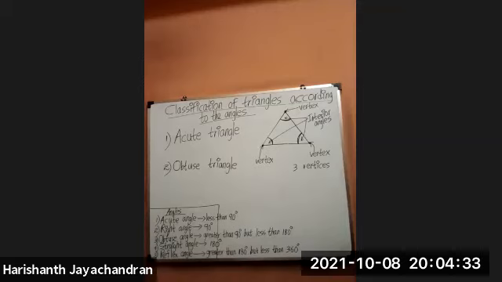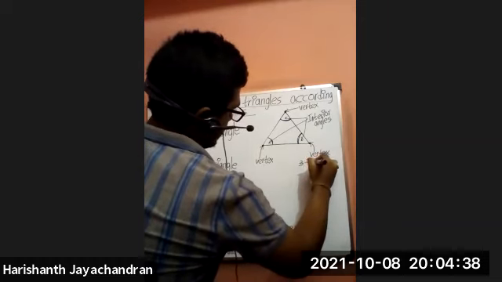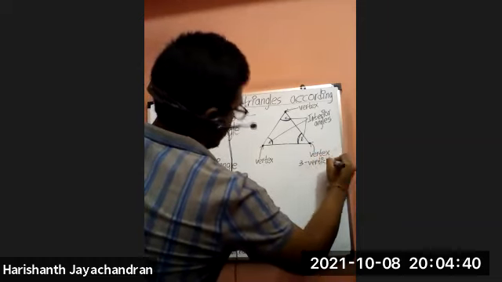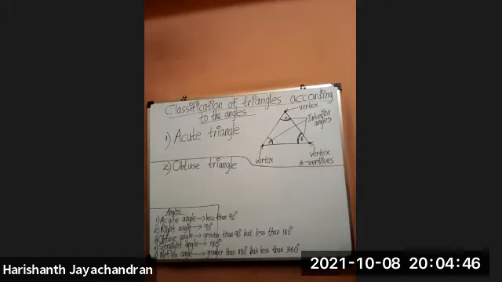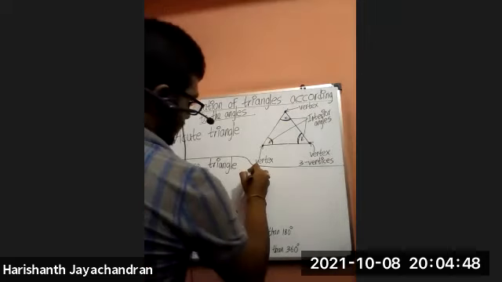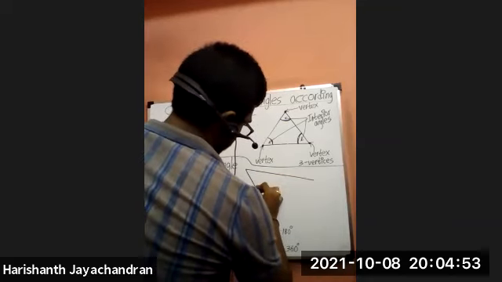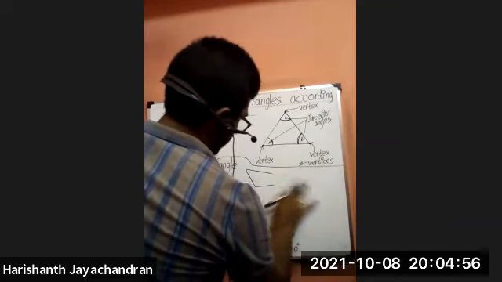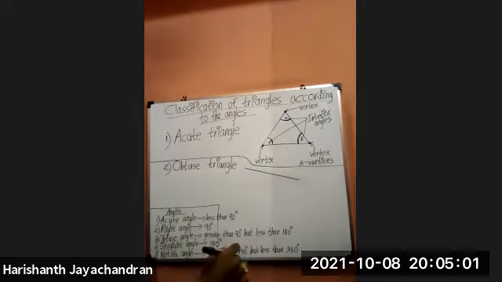So if you're looking into an obtuse triangle, all three interior angles can't be obtuse angles.